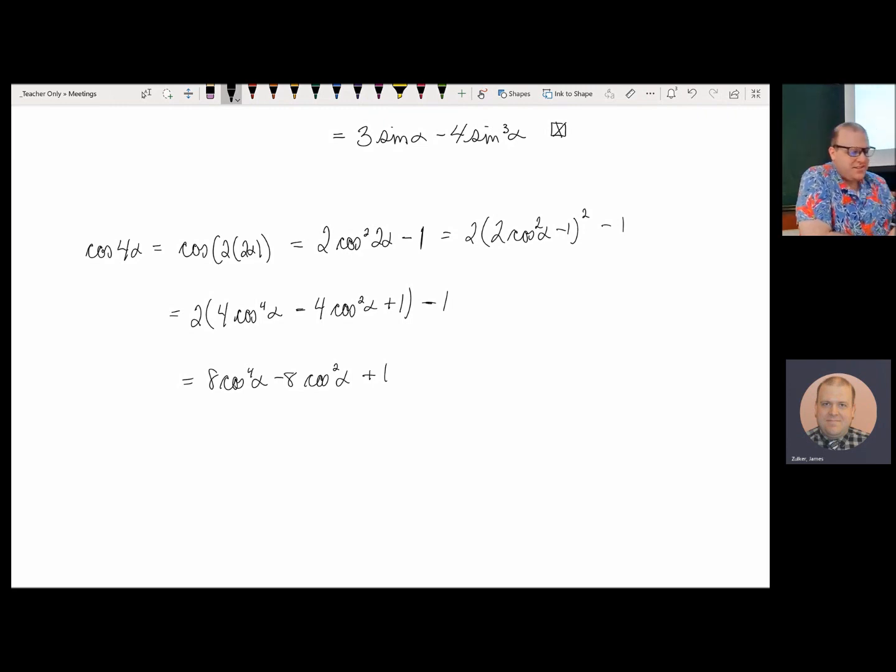Eight cosine to the fourth minus 8 cosine squared plus 1. By the way, that's now a proven identity.